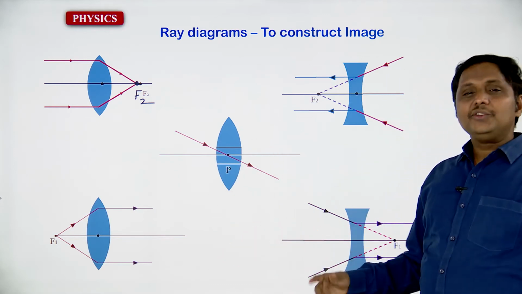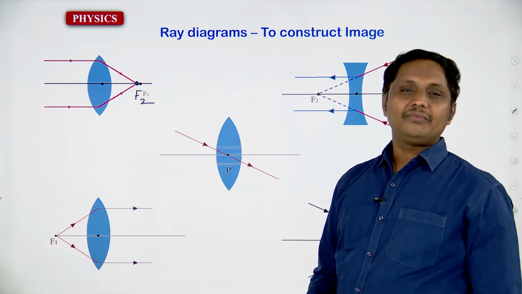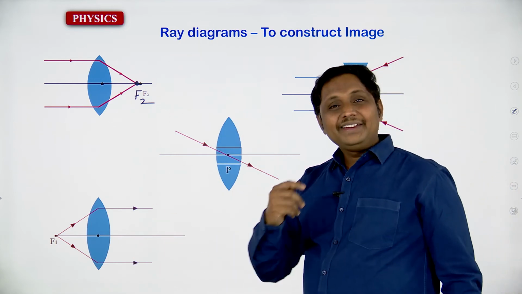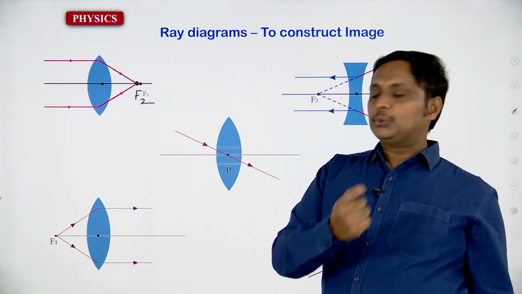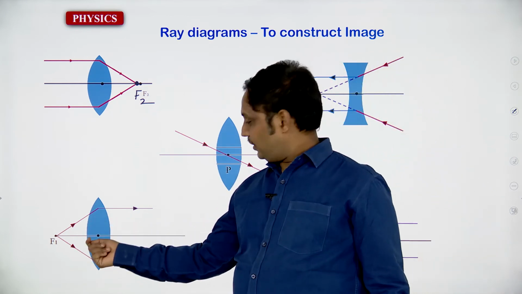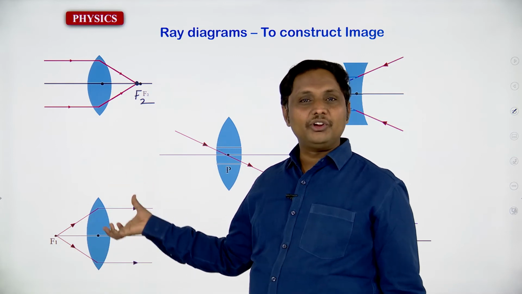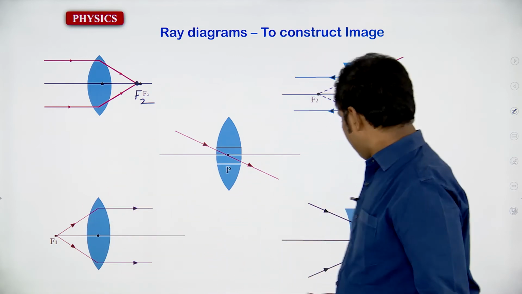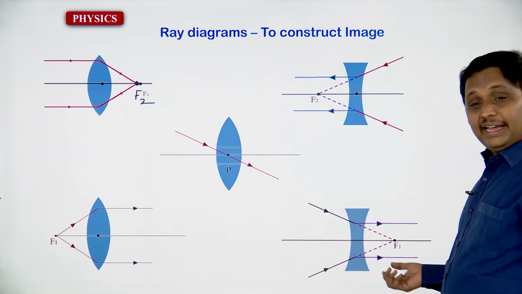Next, in the same case, if the light rays pass through the first principal focus, after the refraction they are going to be parallel lines. It's very clear, you have to see this one.